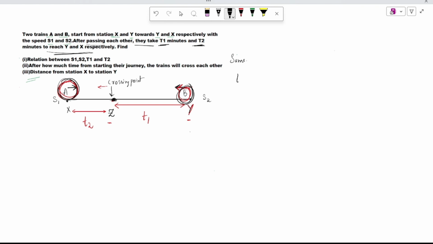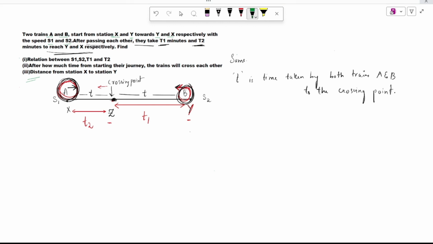Let it be small t. Small t is the time taken by both trains A and B to reach the crossing point. So the time taken by train A to the crossing point Z is t, and the time taken by train B to the crossing point is also t.